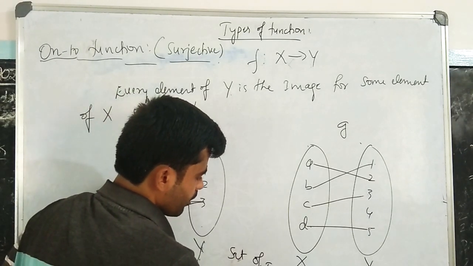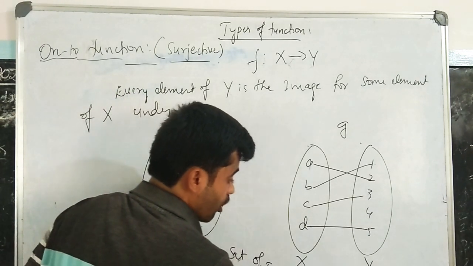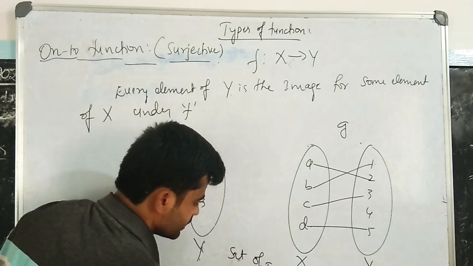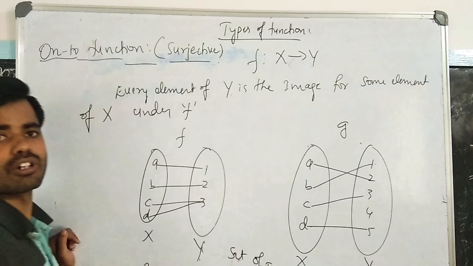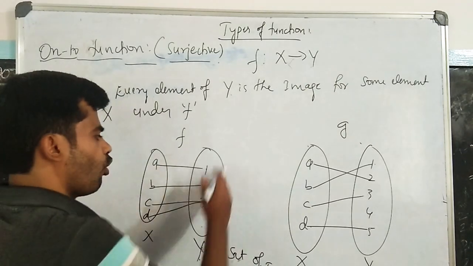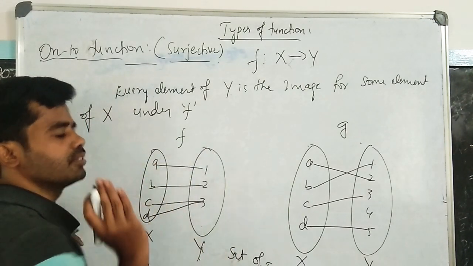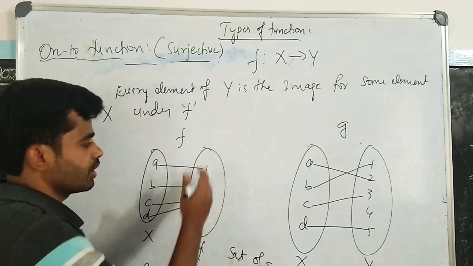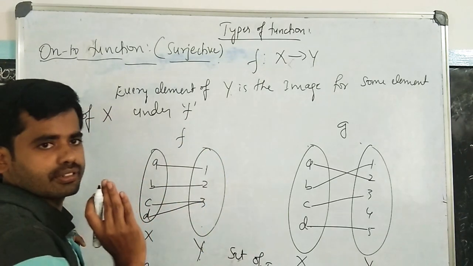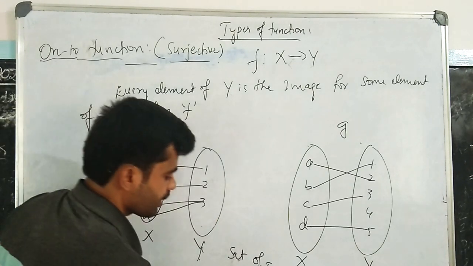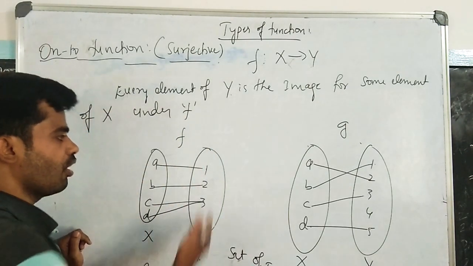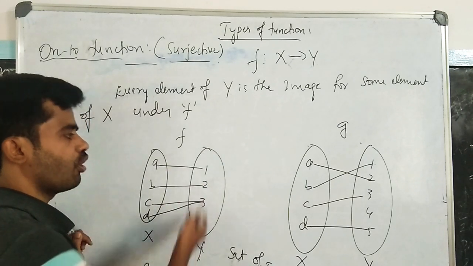The set of images is also called the range. It means that all the elements are images. Then the codomain is the range in the onto function.